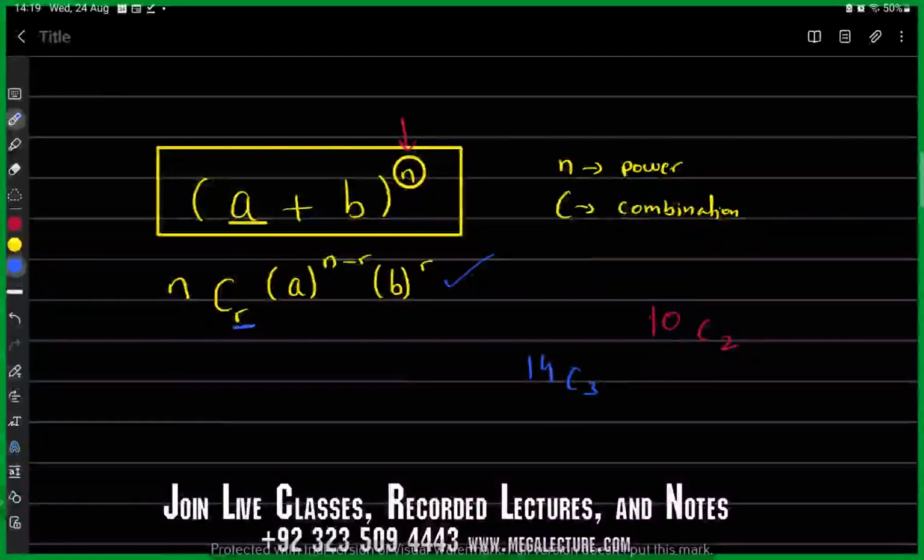The examiner would give you some expression of x and he would say, find the coefficient of x cubed or find the coefficient of 1 by x squared. So at that time, you would have to see which term exactly would have x squared or 1 by x cubed, and then you would find the mathematical value. So this is what we will be doing in the next class, that is tomorrow, okay?